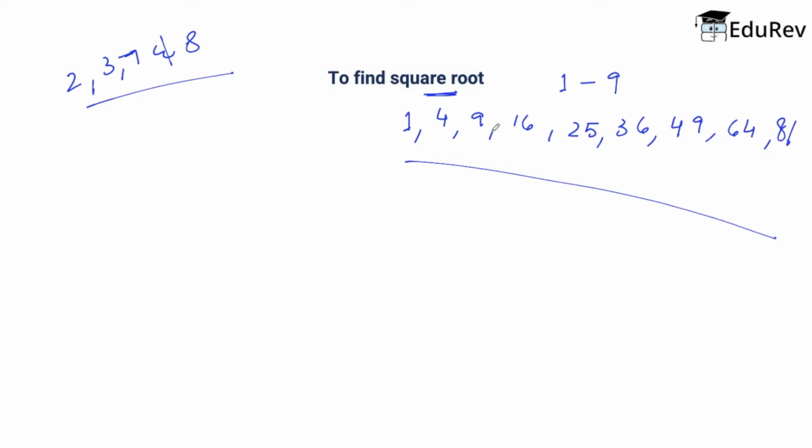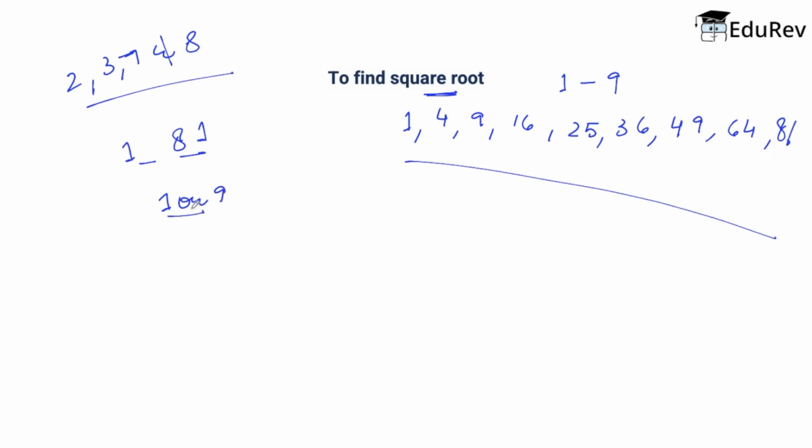Now we can say that the numbers ending with 2, 3, 7 and 8 cannot have a perfect square root, right? Correct. The next is that the square root of a number ending with 1 ends with either 1 or 9, like for example 1 and 81. So it has to be either 1 or 9. Correct?